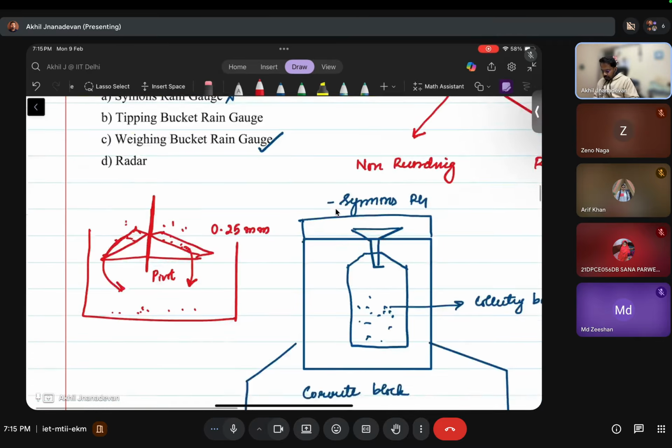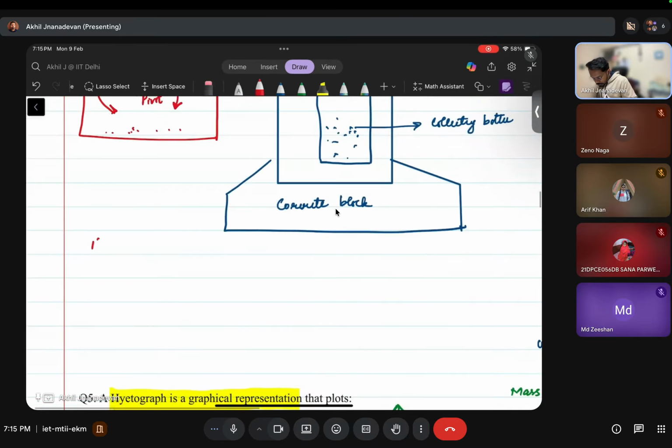That is, the first tip was in 1 hour, and the second tip in 5 hours. The first tip happened at 1 hour, and after 5 hours the second tip happened.